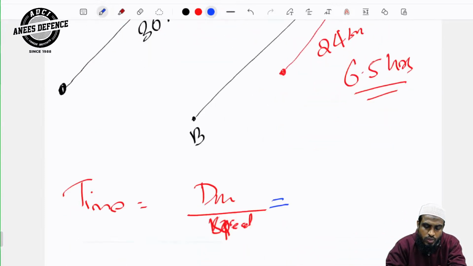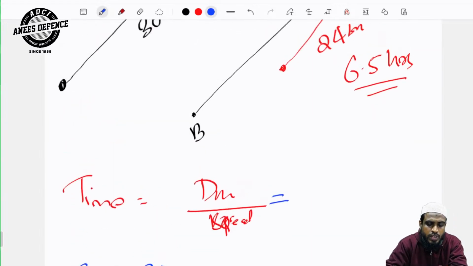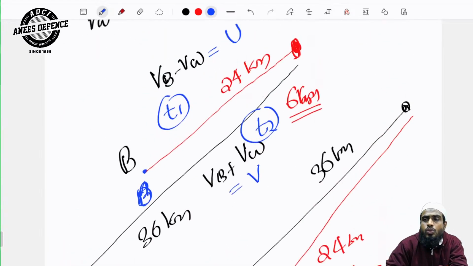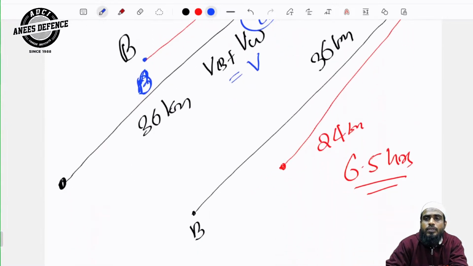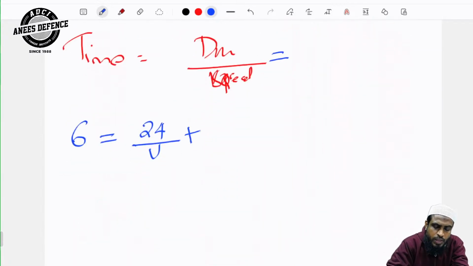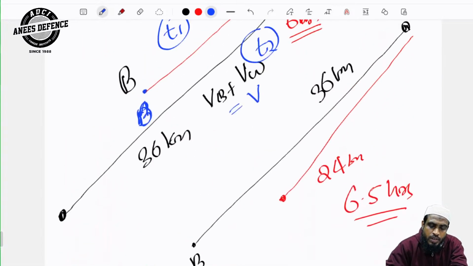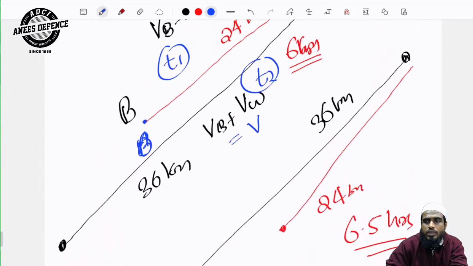So 24 by U is the time taken to go 24 kilometer up. The time taken to go down is 36 by V. So 24 by U plus 36 by V equals 6. So this is one equation. The second case, 36 kilometer upward.